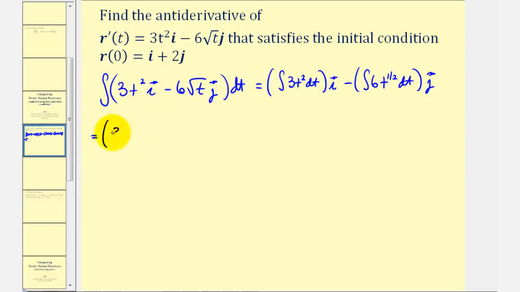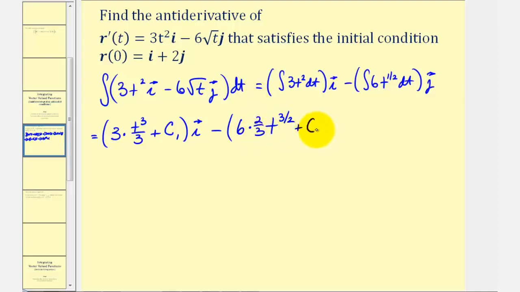So we'll have 3 times the integral of t squared, which would be t to the 3rd divided by 3 plus a constant of integration, which we'll call c sub 1, times i, and then we'll have minus 6 times, if we add 1 to 1/2, that's 3/2, so we'll have t to the 3/2 divided by 3/2, which is the same as multiplying by the reciprocal of 2/3, plus c sub 2 times j.